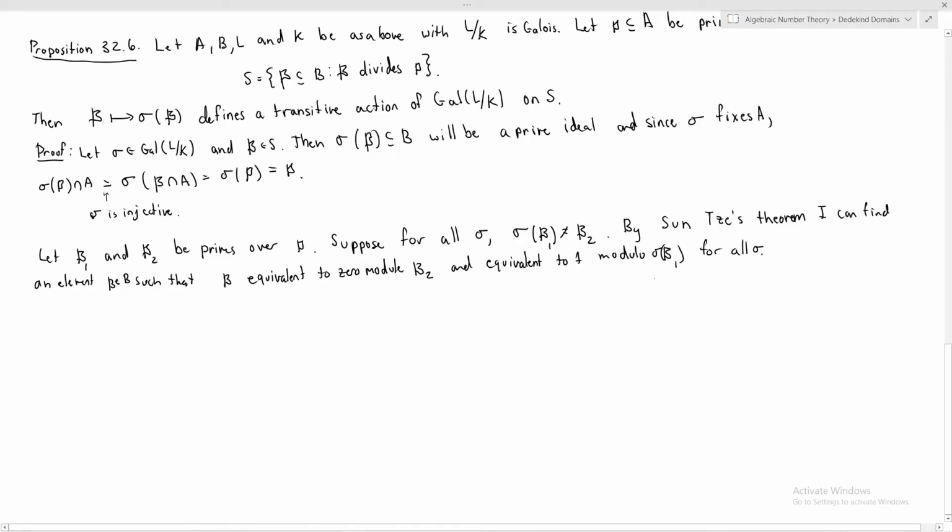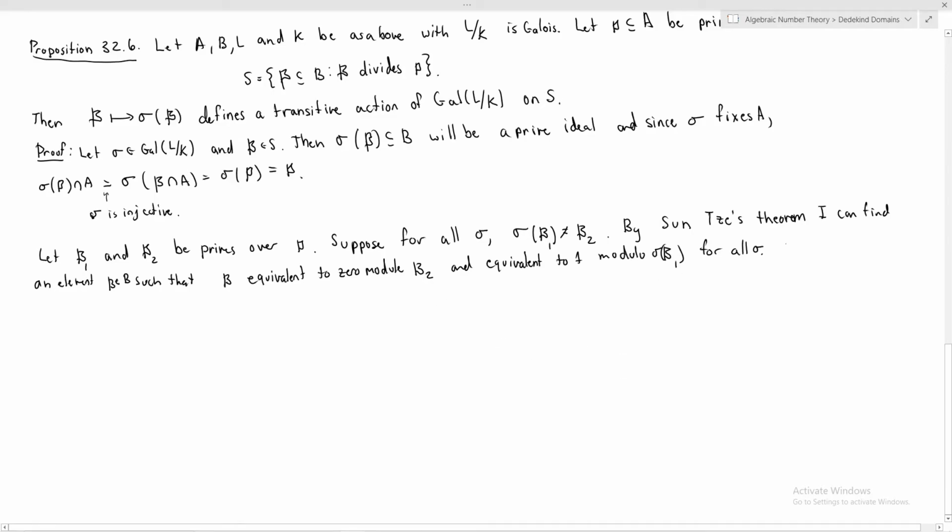Basically, one way to interpret Sun's theorem is that I can solve any family of congruences modulo distinct prime powers. And that's what I'm doing here, finding a beta.